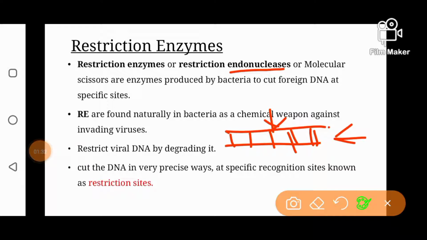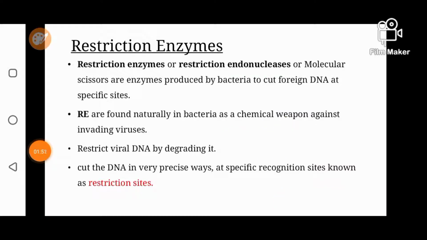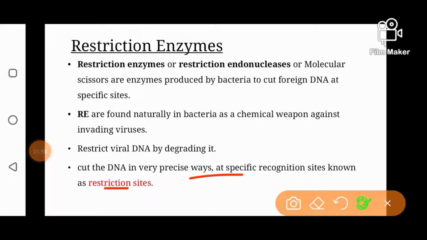That is why these enzymes are known as endonucleases. There is another class of enzymes known as exonucleases, which cut DNA from one end. But in this video, we will be talking about endonucleases. As they cut DNA in a very precise manner at specific sites, this property makes them very useful in various gene manipulative techniques like gene cloning and recombinant DNA technology.